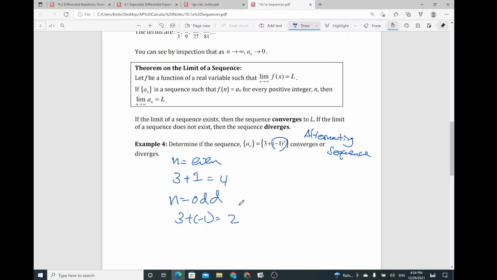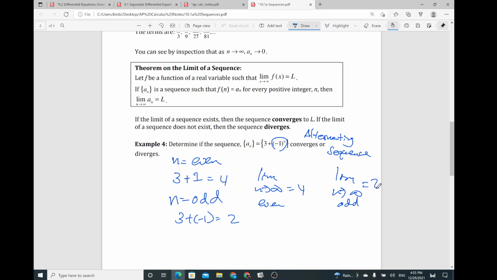So 4 and 2, depending on which one you go with. Limit as n goes to infinity, if n is even, it's going to be 4. But if the limit as n goes to infinity is taken with n odd, then the limit will be 2.